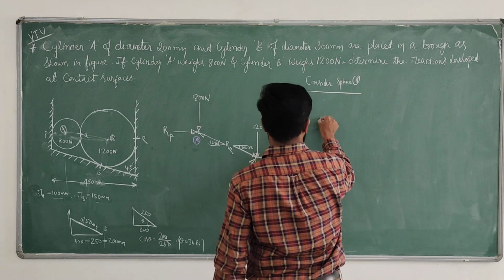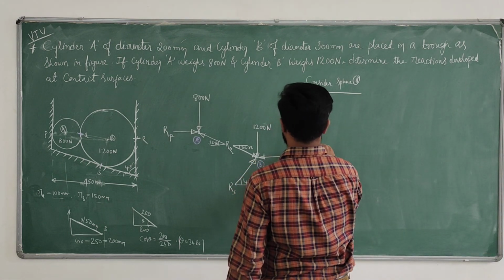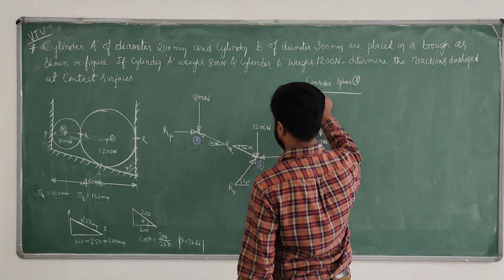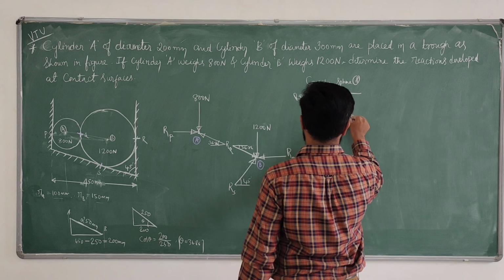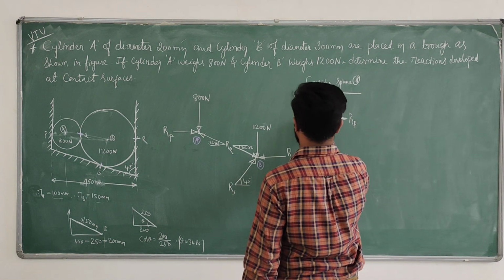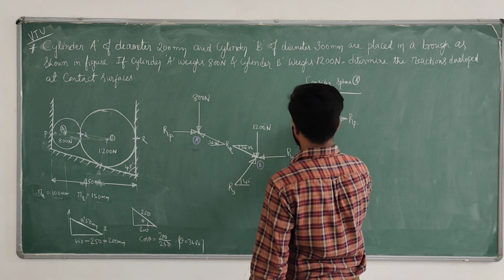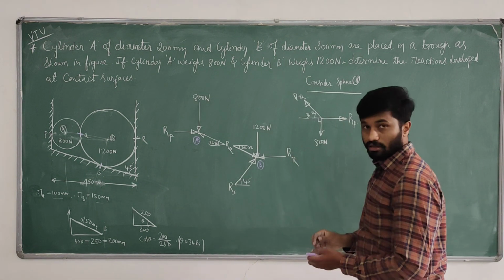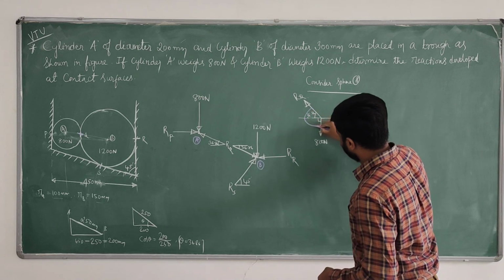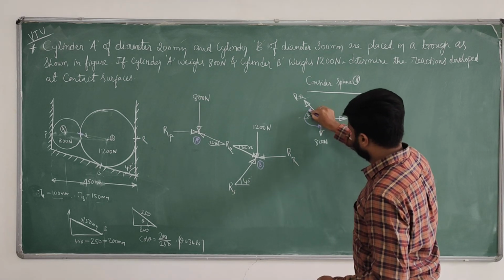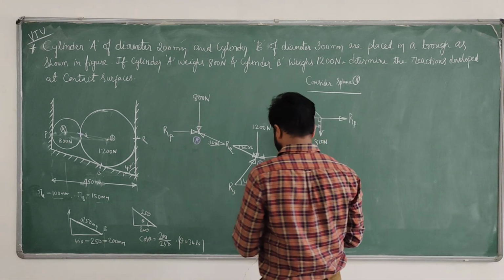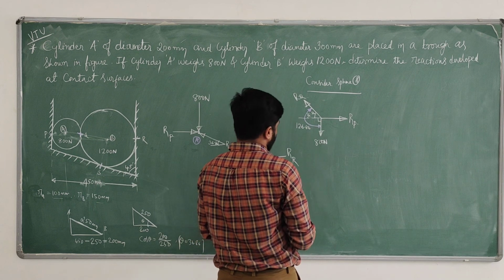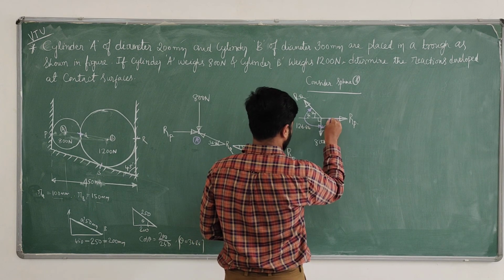If you consider sphere A, it is very easy to apply Lami's theorem. 800 Newton, RQ I will take this side, RP I will take this side. Whatever the horizontal inclination, the same 36.86 plus 90, so total 126.86, and this is the 90 degree quadrant.